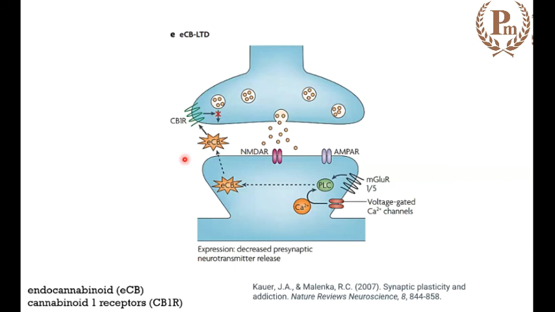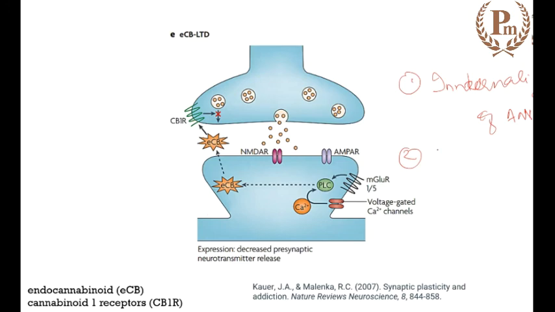So depression mainly occurs in two ways. One, very popularly told, is internalization of the AMPA receptors. And the other one, which has been explained in this paper, is where these cannabinoids are formed, they go and bind to the presynaptic end, and somehow they reduce the release of the neurotransmitter.